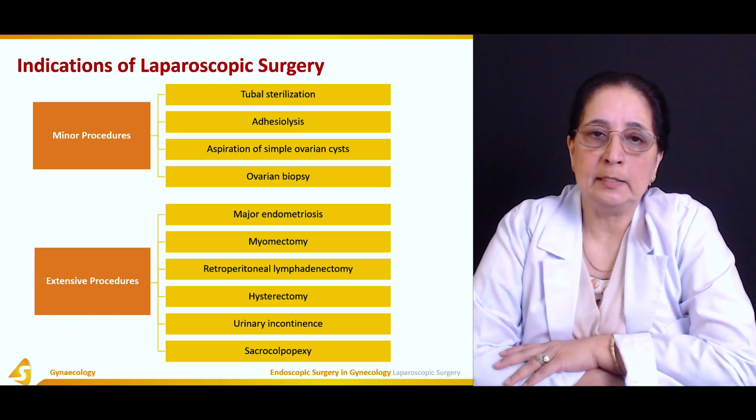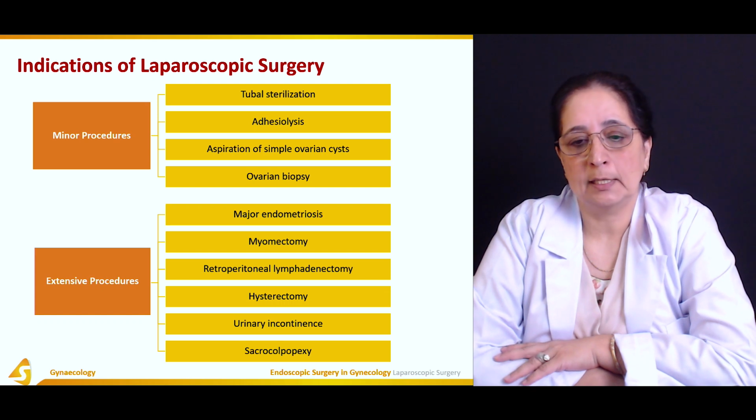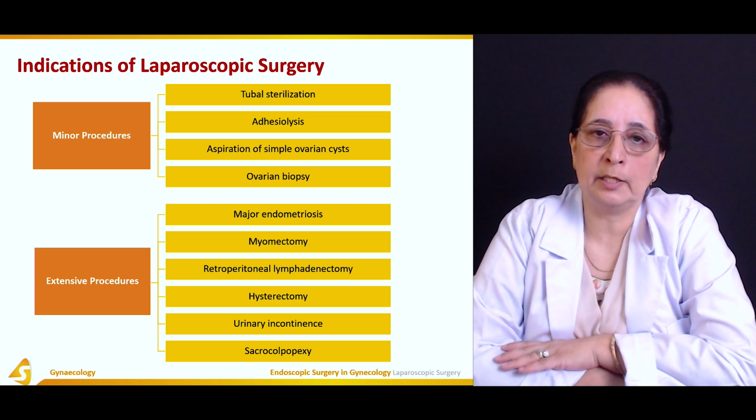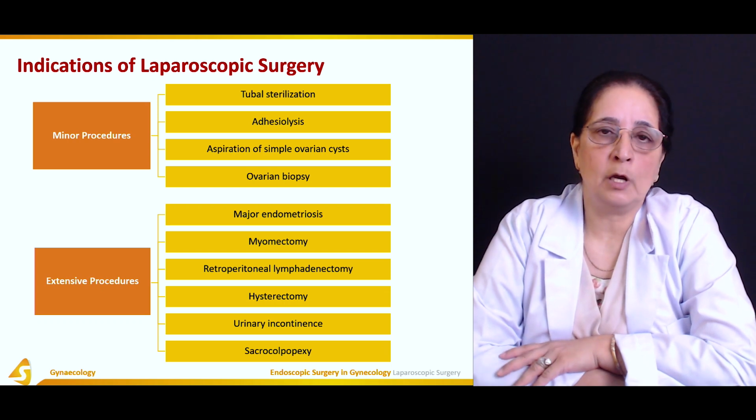Then hysterectomy. Hysterectomy is the removal of the uterus. Again, a very major gynecological procedure that can now be performed laparoscopically also.